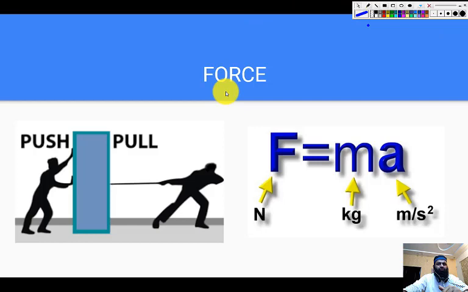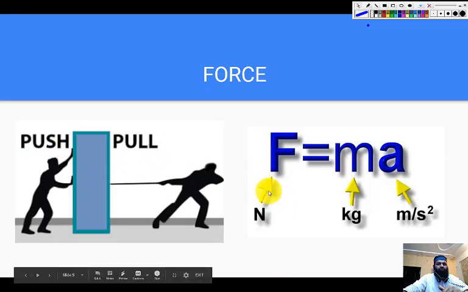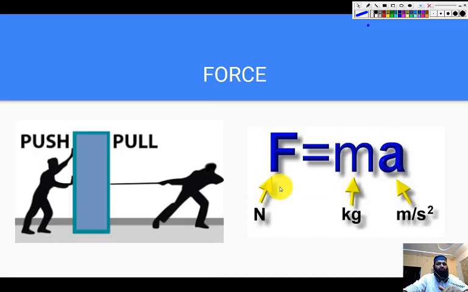So the next thing we're going to learn: again, force can be a push or a pull, and force equals ma. This is the second law of Newton, which basically means that any effect on a body by any external agent is through causing a change in acceleration.